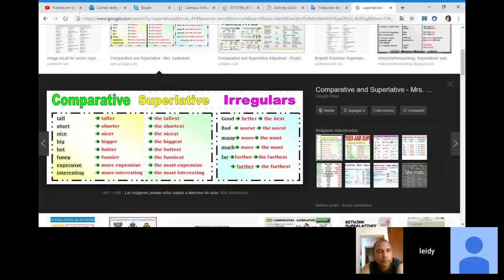Okay. Is more the comparative. No, no, no, because you only write E and R at the end of the adjective, yes? Remember that you write the word more before the adjective when it has three or more syllables, okay?